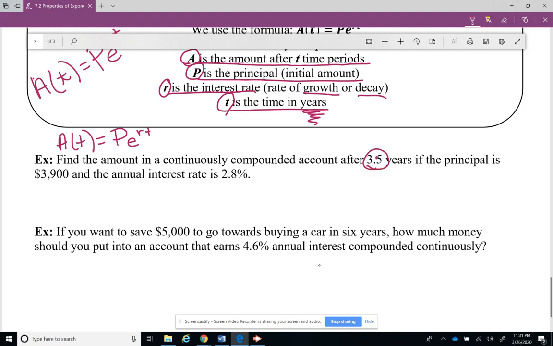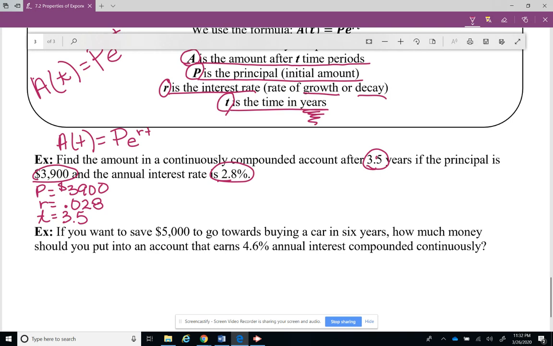Okay, that's going to be my T, right? 3.5 is going to be my t. If the principal is 3,900, okay, so my principal is going to be 3,900. And the annual interest rate is 2.8. So don't forget when you're doing rate, you have to take the decimal and move it 2 places to the left. So that's really going to be 0.028.